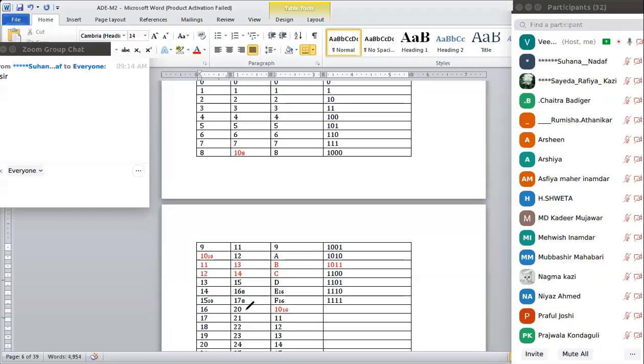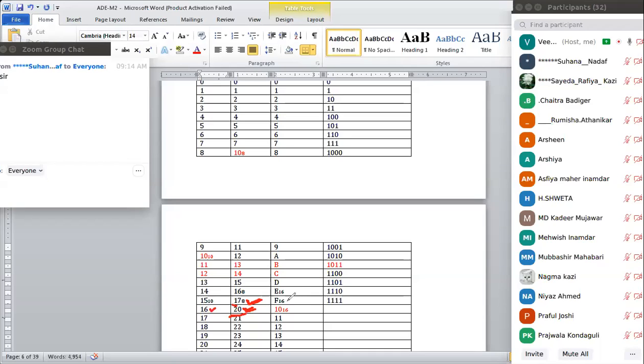Then after 17, I don't have another number. 7 has come now. After 7, I don't have any other number. So this first digit will be changed to 2. So in octal number system, after 17, 20 will come because 8 and 9 are not there. Only 0 to 7. Okay, 20 is represented as 16 in decimal number system.